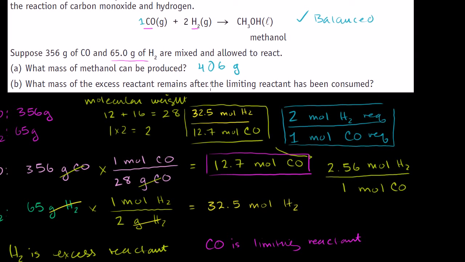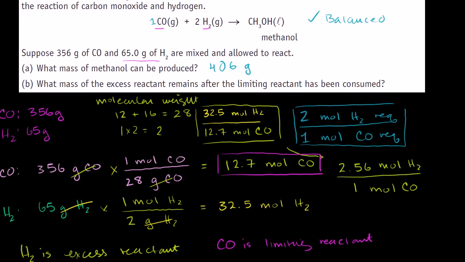Now, there's a couple of ways you can do this. The easiest way to think about it is that the mass has to be conserved. So we started off here with 356 grams of carbon monoxide and 65 grams of hydrogen, and we were able to produce 406 grams of methanol.